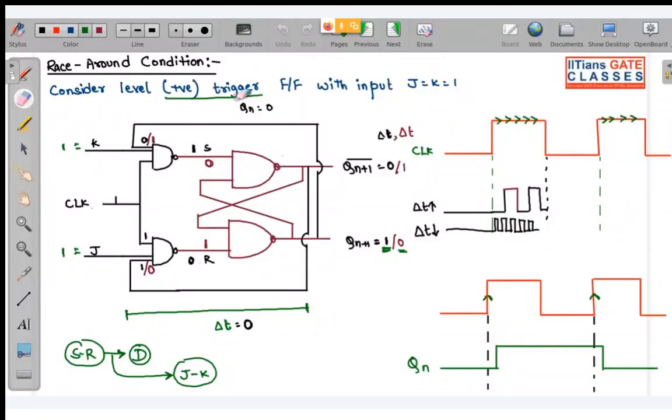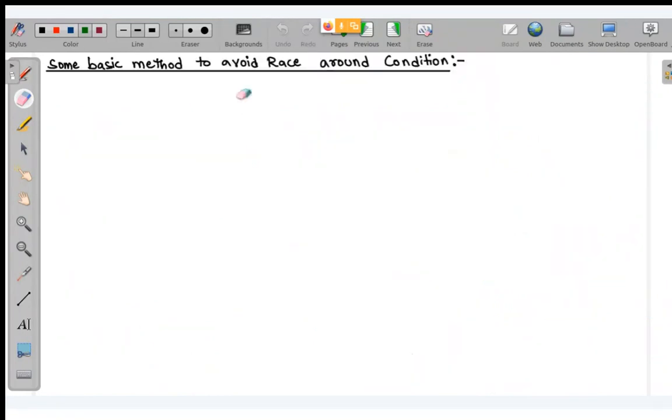In any interview, IIT or IISc, in PSU also. In PSU usually they don't help you that much because there is very little time. But in IIT, IISc, they will always give you a small hint to get the answer out of you. So now tell me what method you suggest to remove this race around condition.